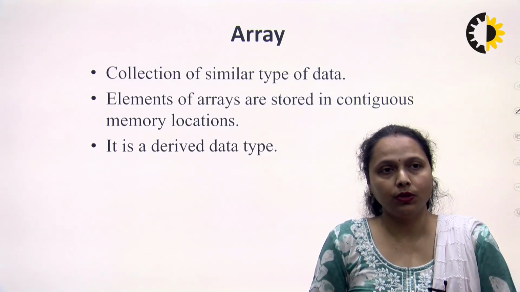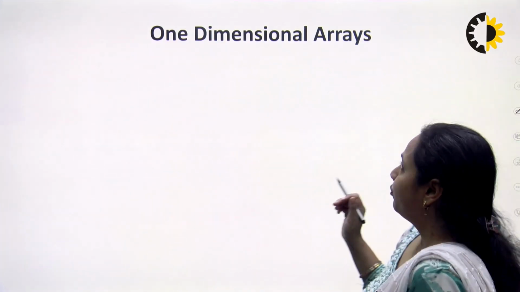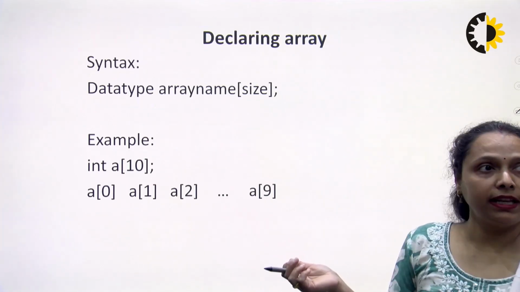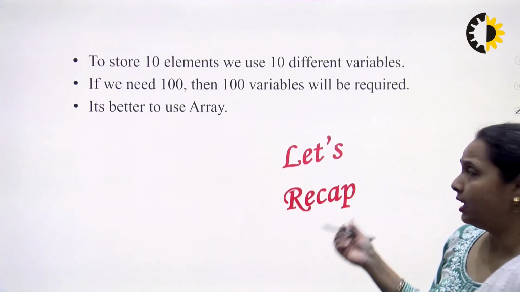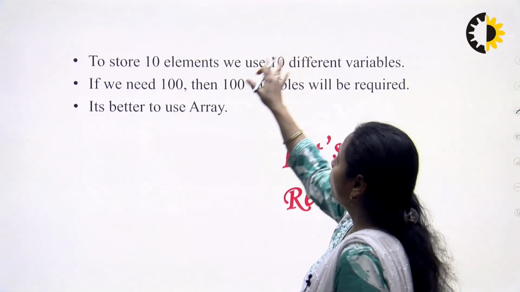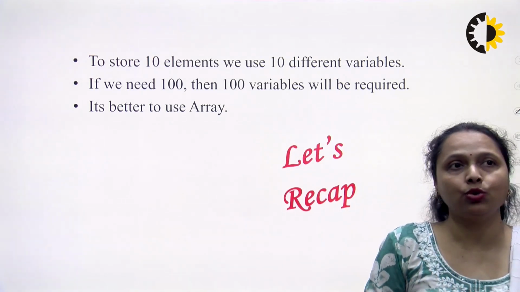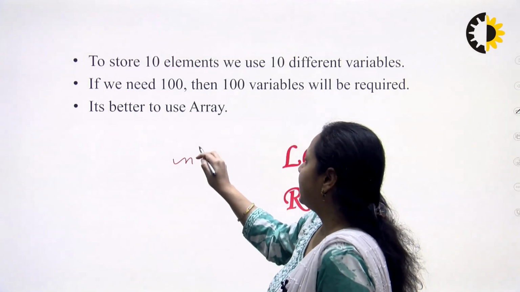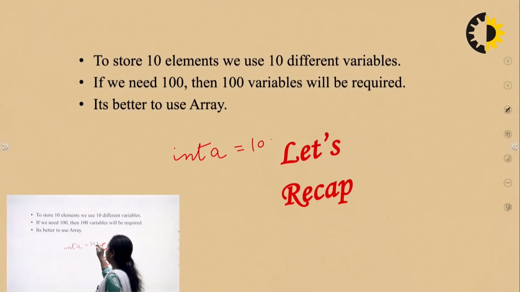As we know, till now in our programming, whenever we want to declare a variable and store some data, we use only a single variable, and within that variable we store a certain value. For example, I write int a = 10.